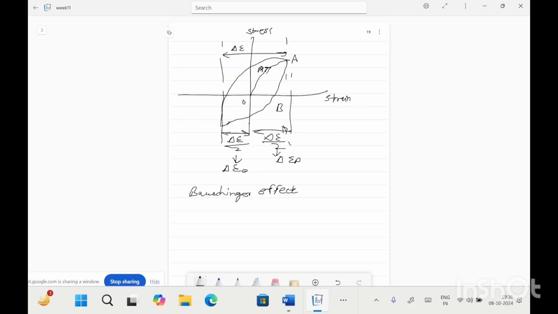When the material is unloaded and loaded in compression, the yield strength in compression is low. When it is subjected to further tensile loading, the yield stress will achieve the initial yield stress point. The total strain in this condition, delta epsilon T, can be written as the elastic strain plus the plastic strain.